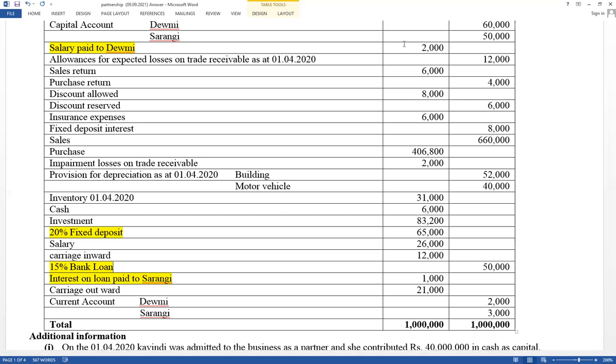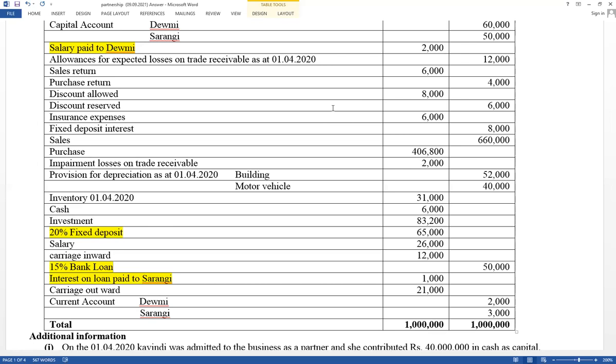But think about last week, we discussed an example of a service business. In a service business, sales and purchases are not available. Debtors and creditors are not available. Therefore, this is a trading business, partnerships. Last week I discussed service business partnerships. Think about consultancy income available, consultancy expense available. But in this example, sales and purchases are available.